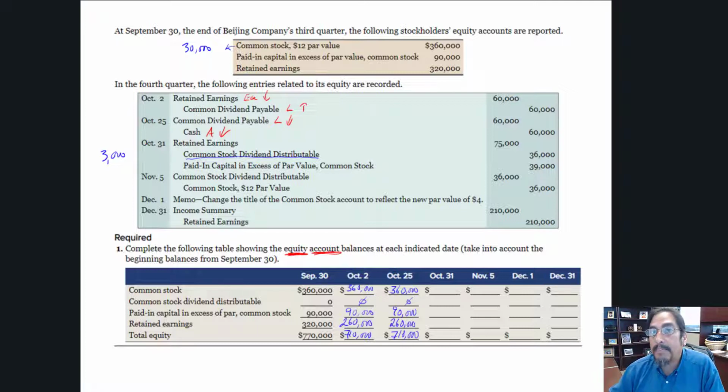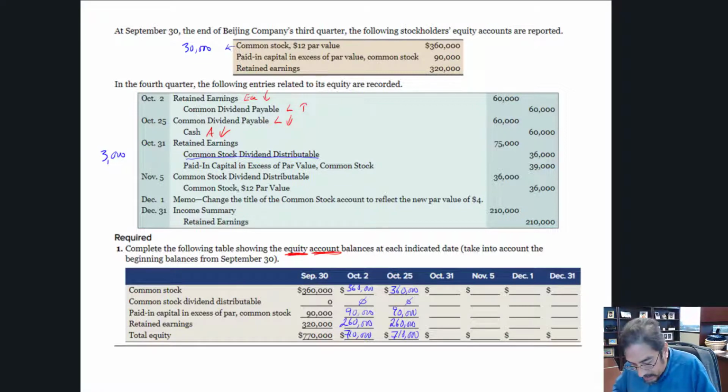So this is a 10% stock dividend. 25% is the threshold between small and large. This is a small stock dividend. So we're using the market value to help us determine that dividend amount, the $75,000.